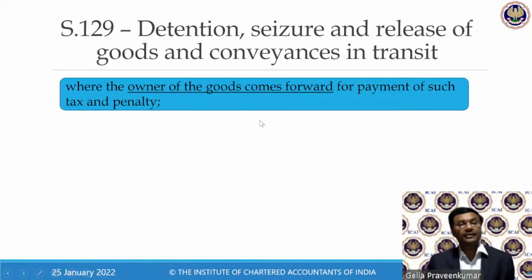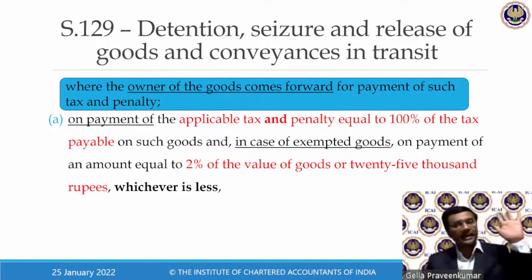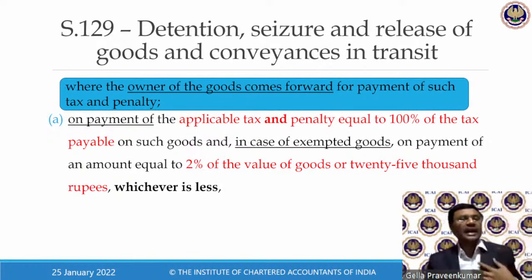What if the owner of the goods comes forward for the payment of tax and penalty? I repeat, when there is a contravention and the officer is willing to demand tax and penalty, and the owner has come forward, saying, my dear officer, it is my goods, I admit that it was a mistake at my end, the officer will release the goods on payment of such tax and penalty. What is that?